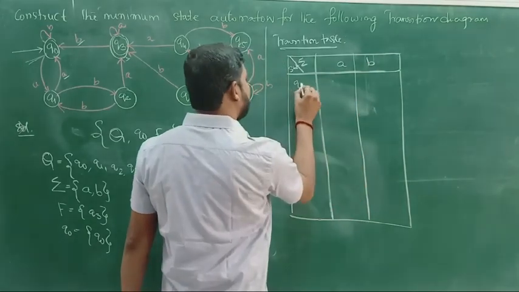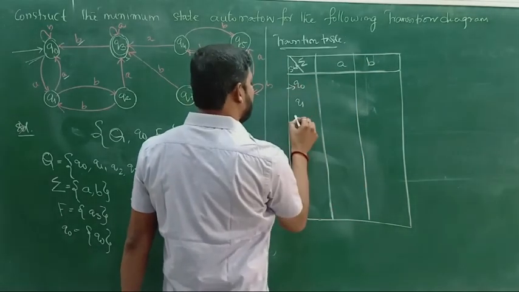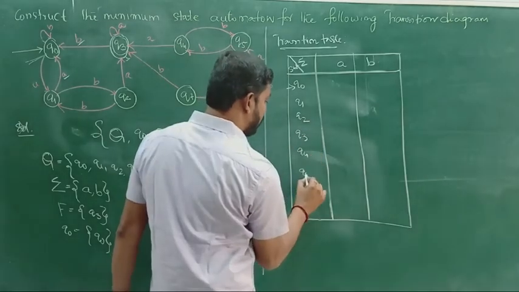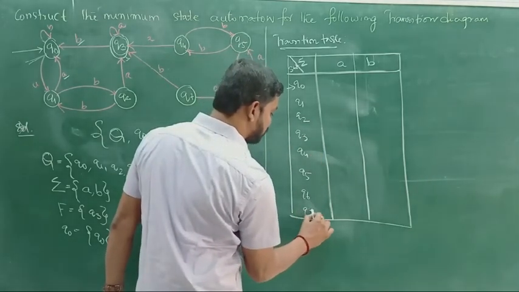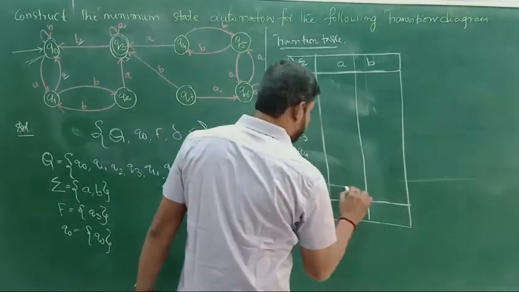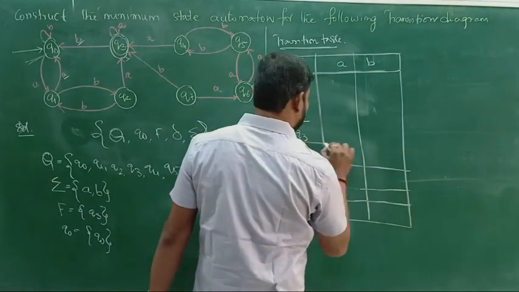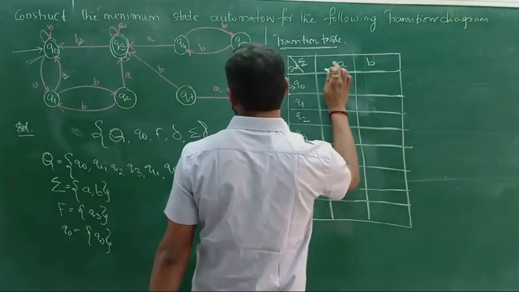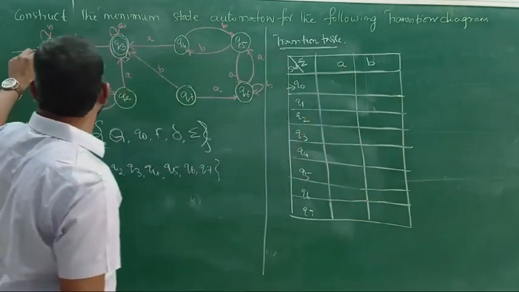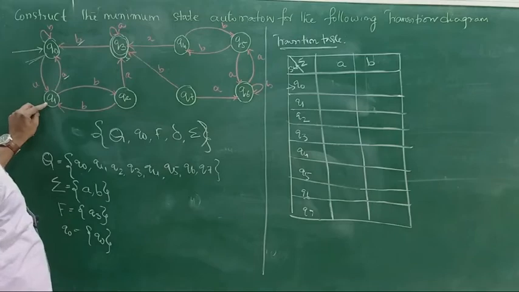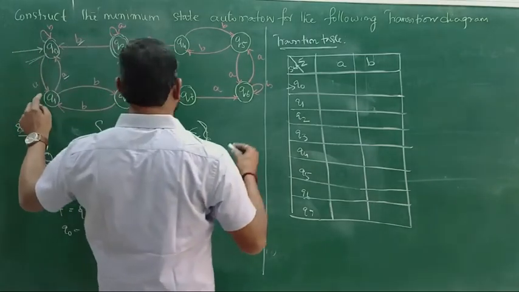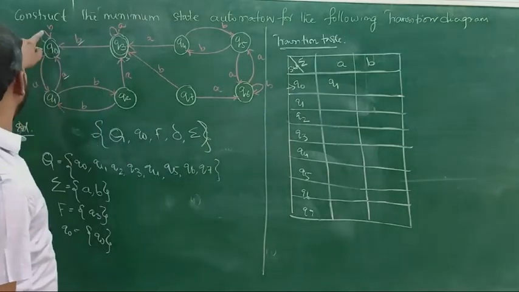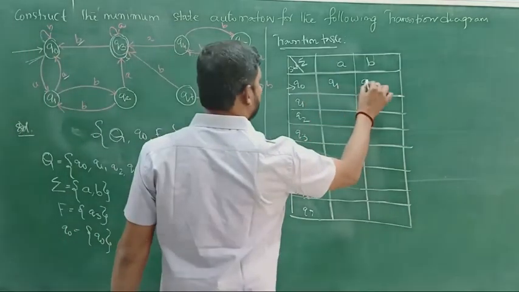The states are q0, q1, q2, q3, q4, q5, q6 and q7. So first we find the transitions. Now q0 of a, q1, and q0 of b is self loop, that is q0.